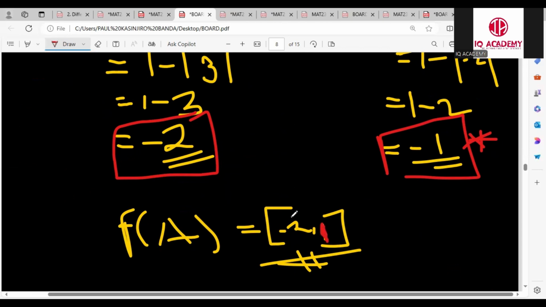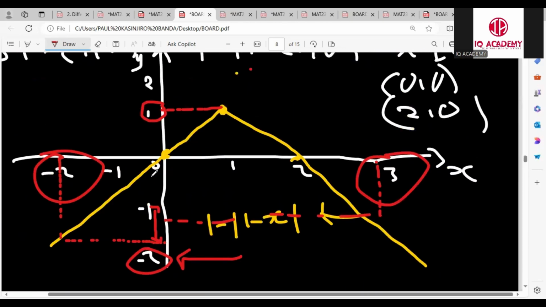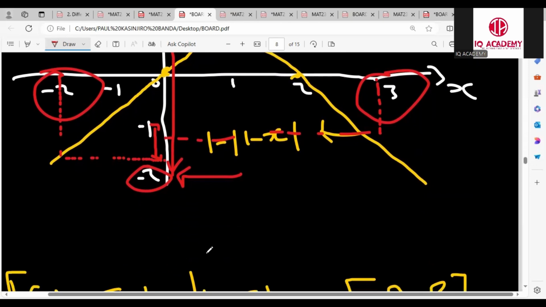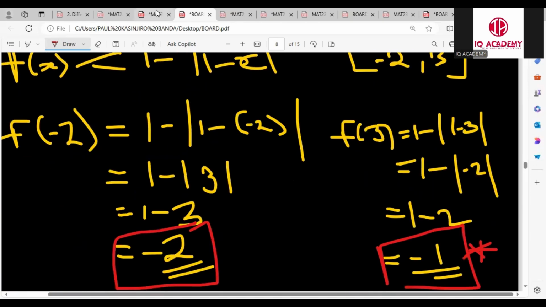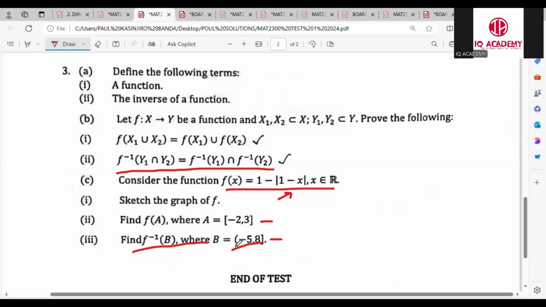Anyway, so the image of this interval from -2 to 3 is actually from 1 all the way to -2. So the highest value is 1, and then the lowest value is -3 within that interval. Okay, so that's the image of that interval.